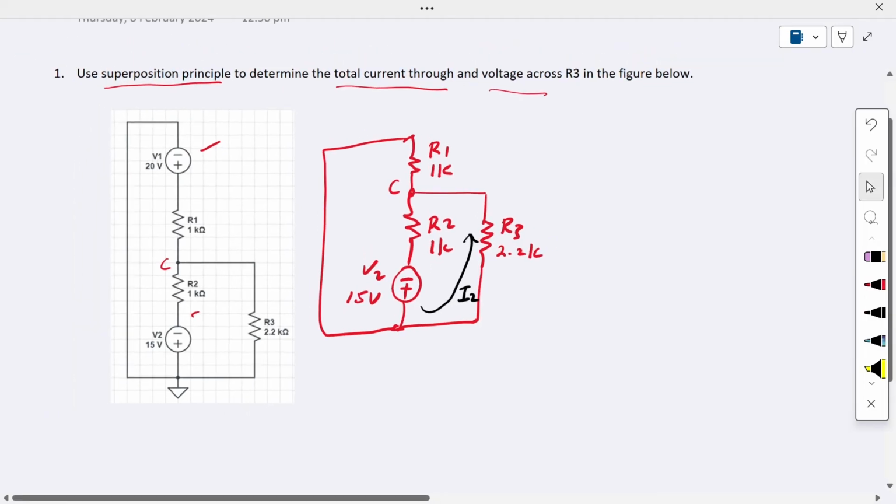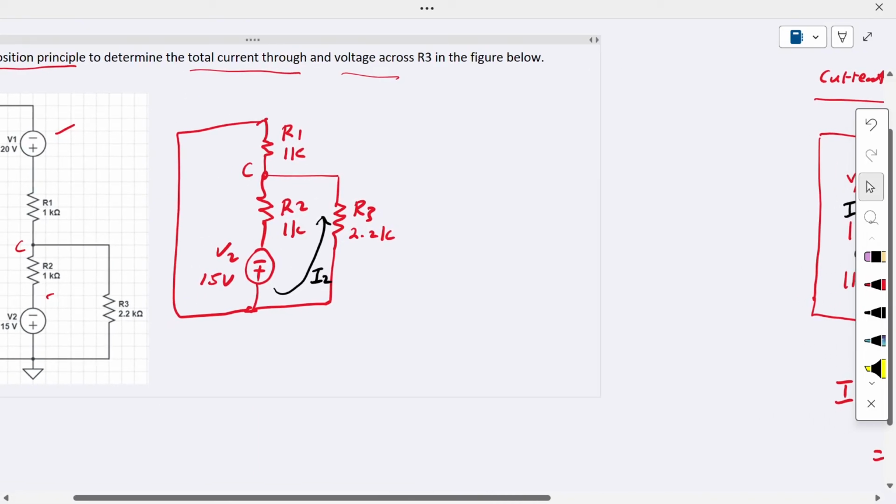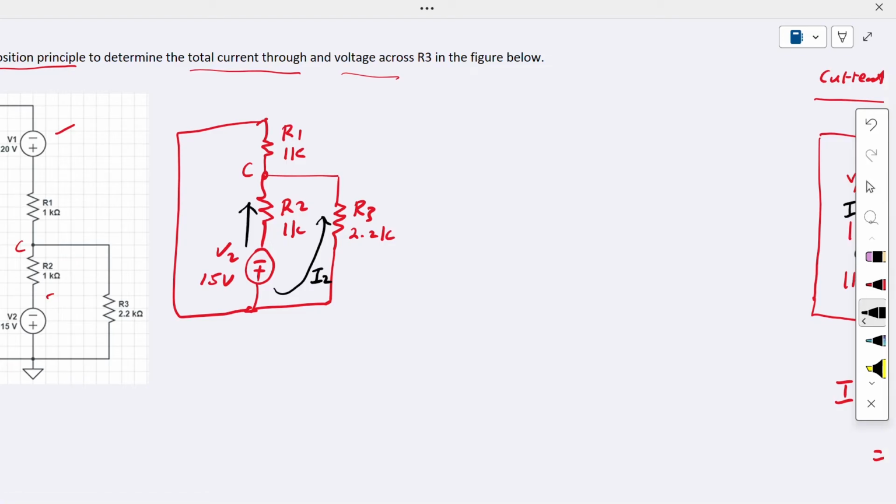In this case, we find the R_EQ. We denote the current going through R2 as capital I. Now how to find capital I? At the junction C node, the circuit splits into two paths, which means R1 is parallel with R3. So we find the R_EQ of this circuit. R_EQ is R2 plus R1 parallel with R3.